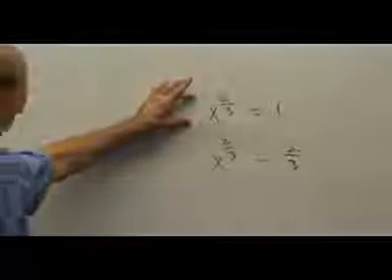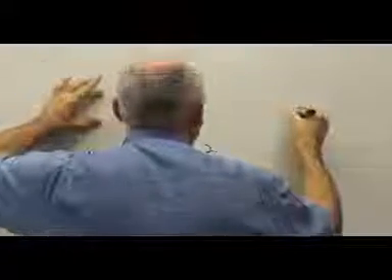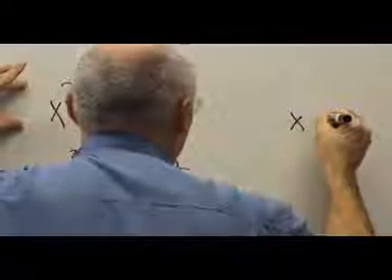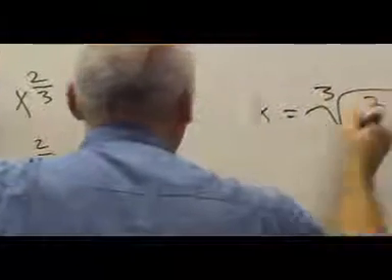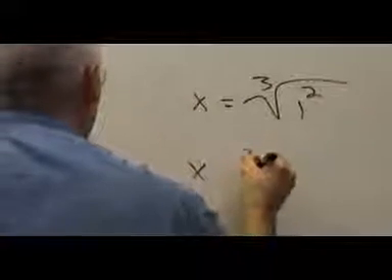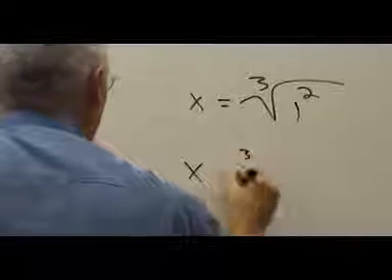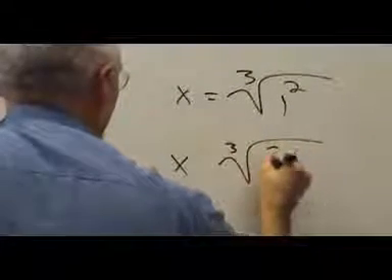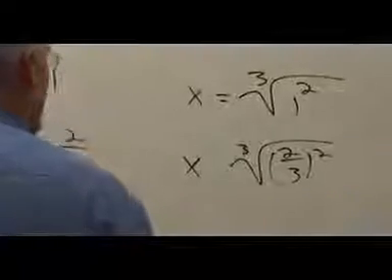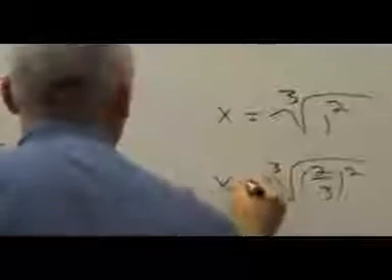And then we have to solve those. In order to do that, we have to remember that we want the cube root of 1 squared. And we have the cube root of 2/3, plus or minus.